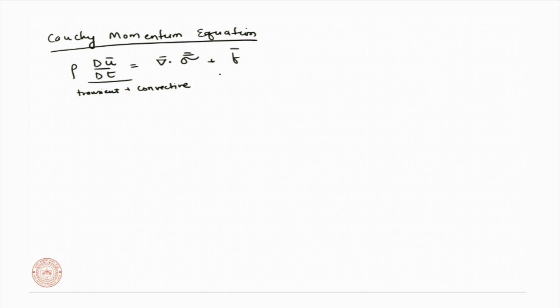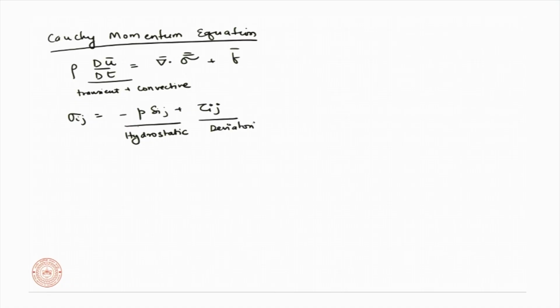Now, our stress tensor in this case, sigma ij, is minus p del ij plus some tau ij. This is our hydrostatic component, and I have taken it as negative because it is compressive on the body. Hydrostatic pressure is compressive on the body, and this is our deviatoric component.